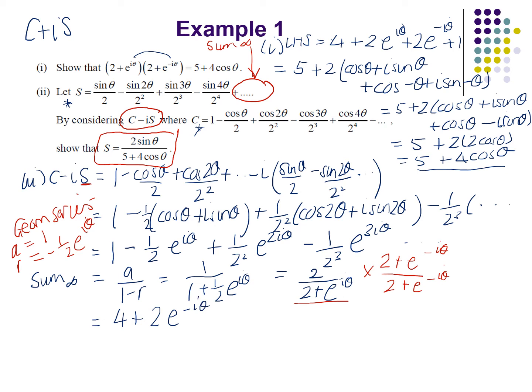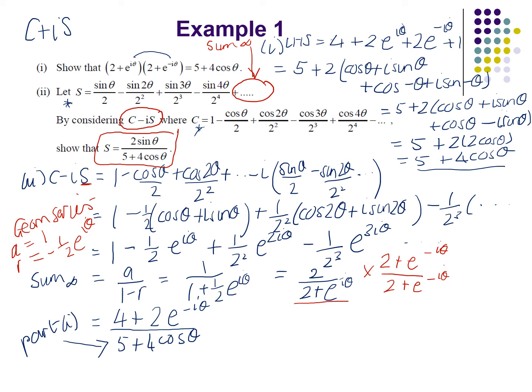The bottom, I can simply go straight to saying that's 5 plus 4 cos theta because this bit here is from part I. So I can go straight to that. That's absolutely fine.